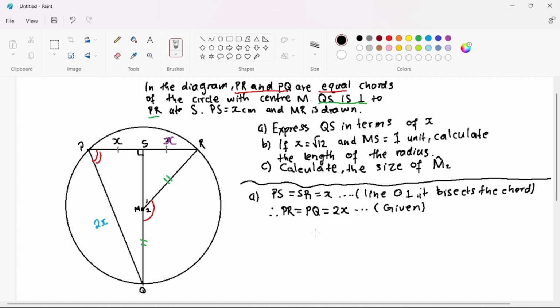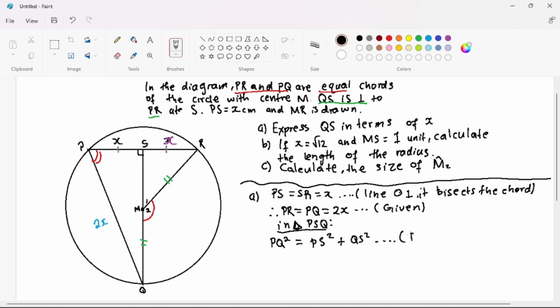And then after stating that, you are going to say in triangle PSQ, we are considering the triangle PSQ. We must tell the examiner. We are going to say PQ squared. Isn't it that PQ is our hypotenuse, right? And then PS squared plus QS squared is equal to the hypotenuse squared.